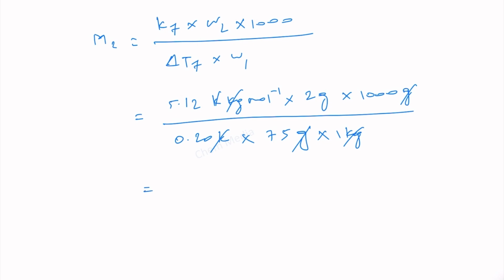So this will be equal to 5.12 times 1000 is 5120, 5120 times 2 is equal to 10,240, divided by 0.20 is times 1 by 5, and therefore 75 divided by 5 will become 15.